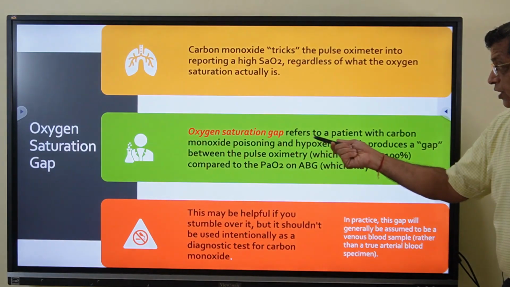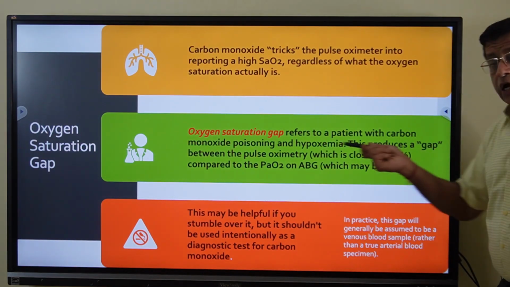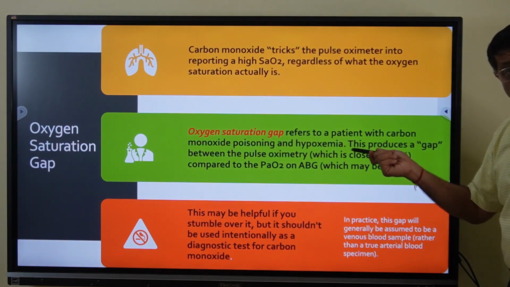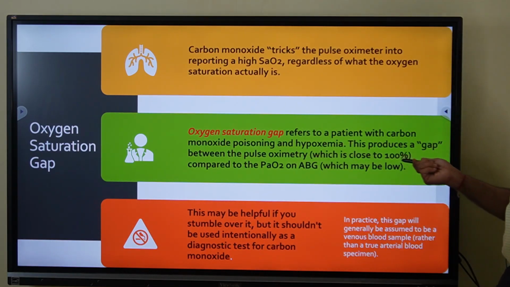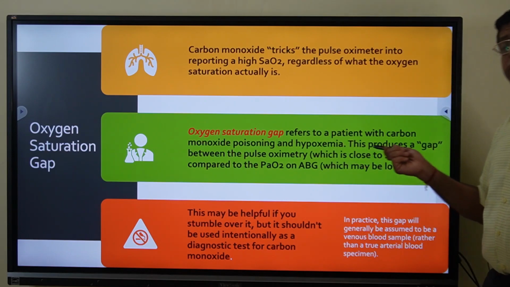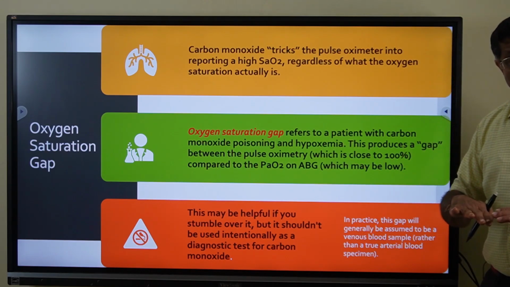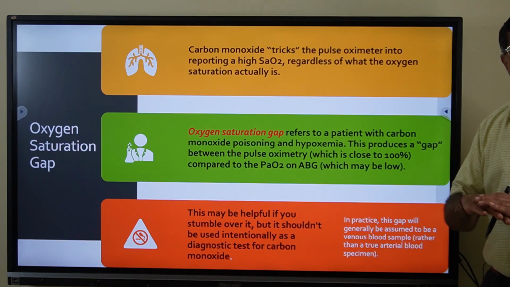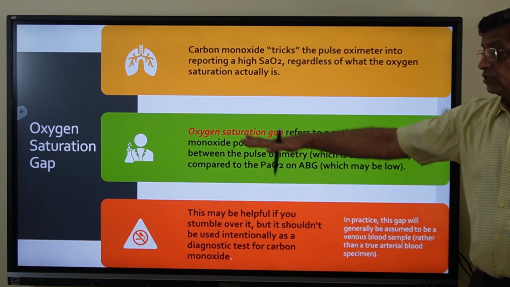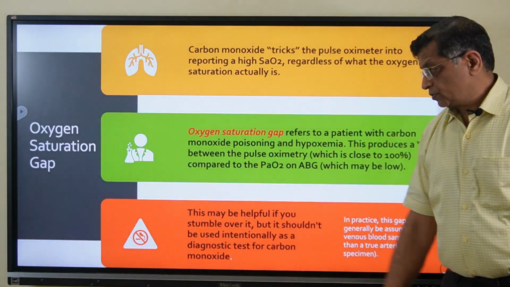So oxygen saturation gap refers to a patient with carbon monoxide poisoning and hypoxemia. This produces a gap between the pulse oximetry, which is close to 100%, compared to PO2, which may be low. So PO2 is low, the oxygen amount dissolved in the blood is low. That means the patient has not got oxygen, but the saturation is showing 100%.